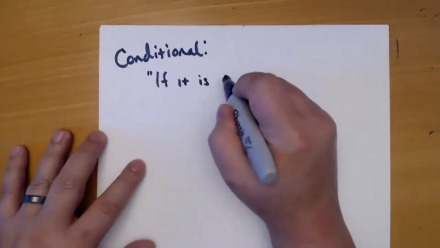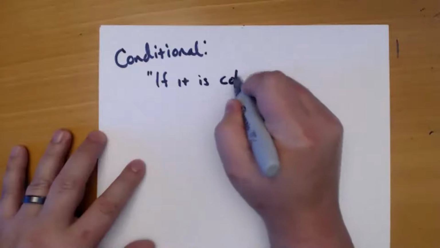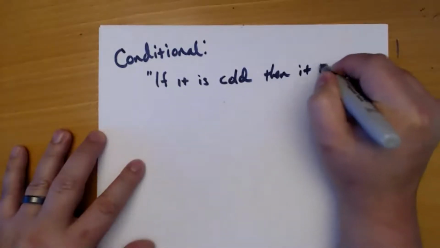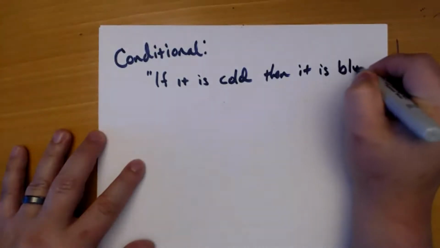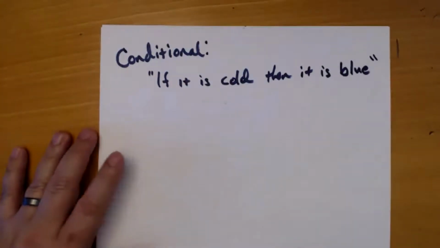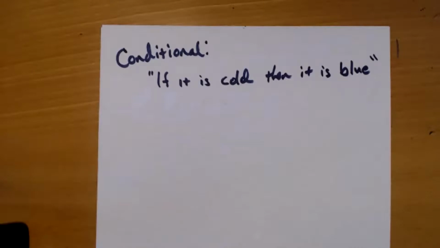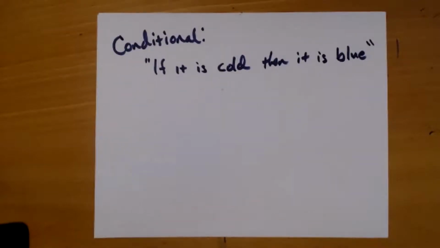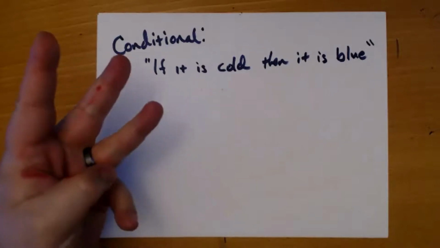If it is cold... Okay. So now for this sentence, and this is the kind of thing that you'll be asked to do, I want you to give me the converse, the inverse, and the contrapositive.